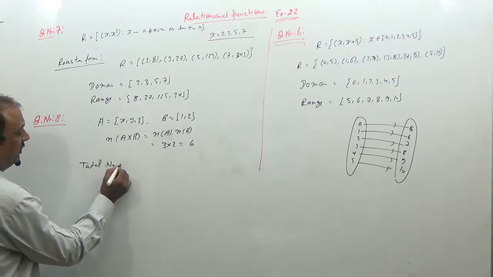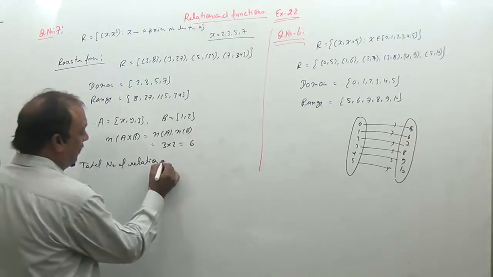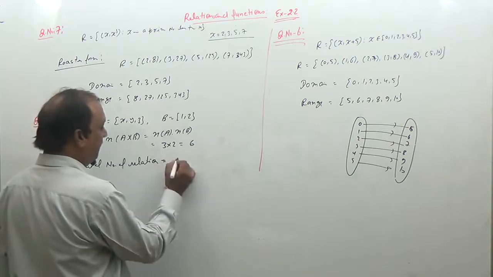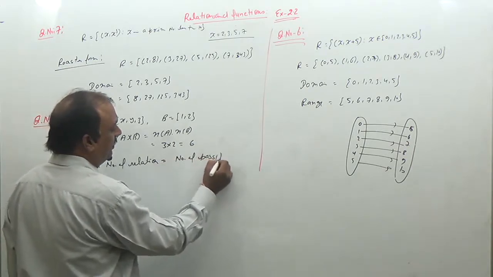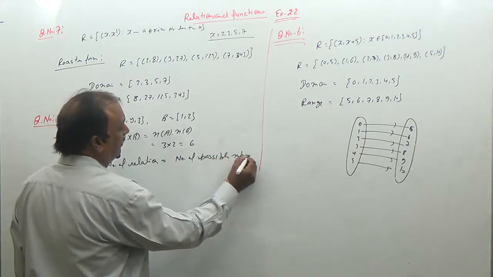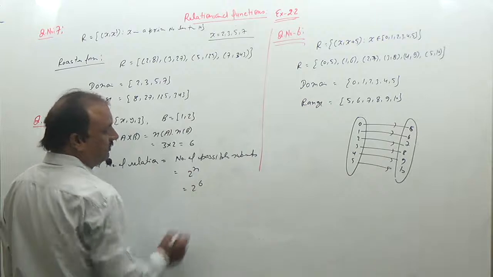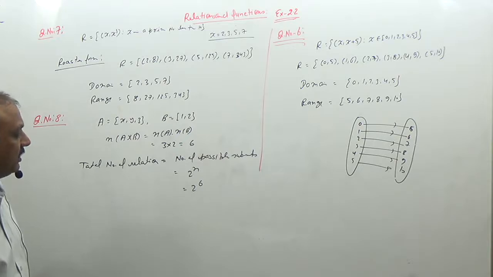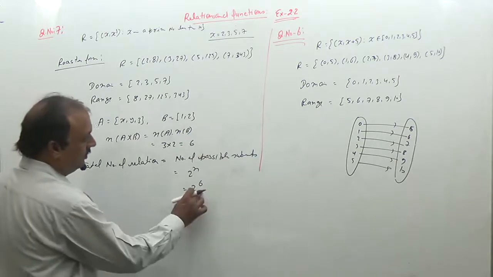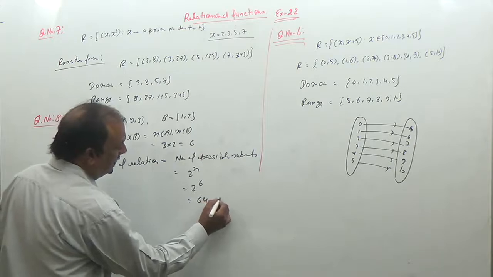The question is the total number of relations. We have already told you that the number of relations is equal to the number of possible subsets, which is equal to 2 raised to the power n, 2 raised to the power 6. So 2, 4, 8, 16, 32, 64. So there are 64 relations.